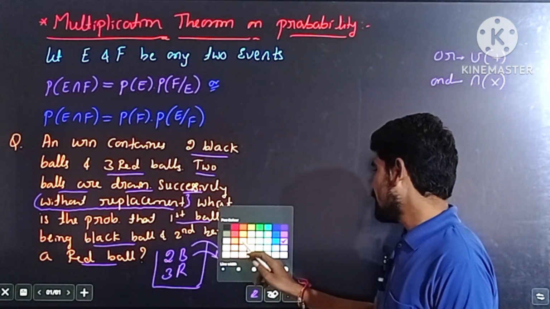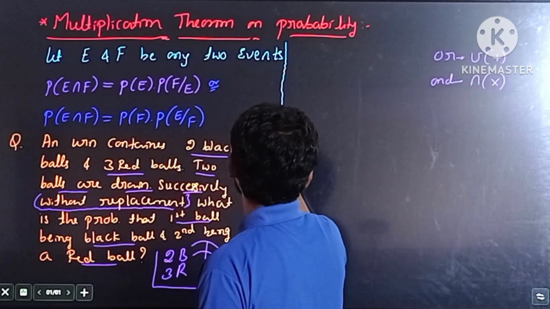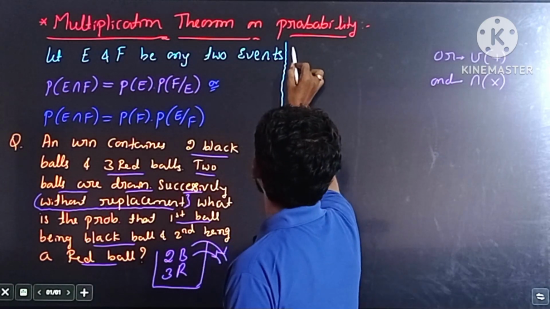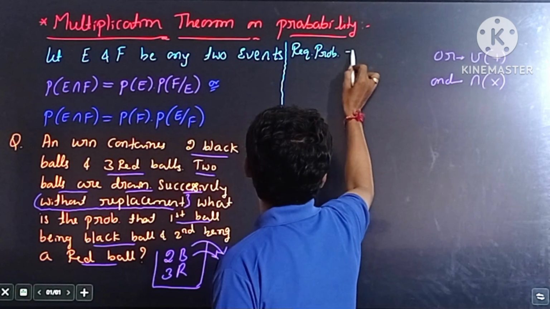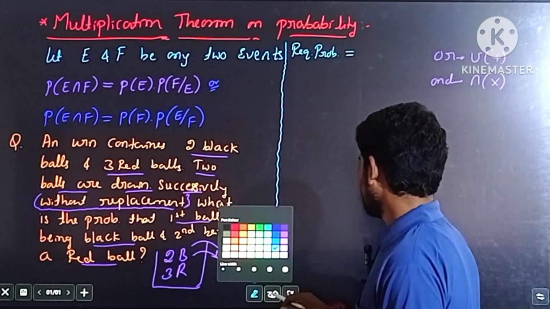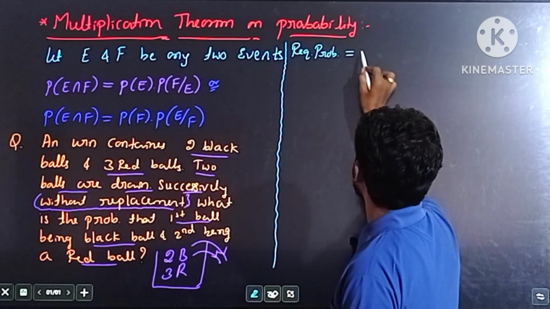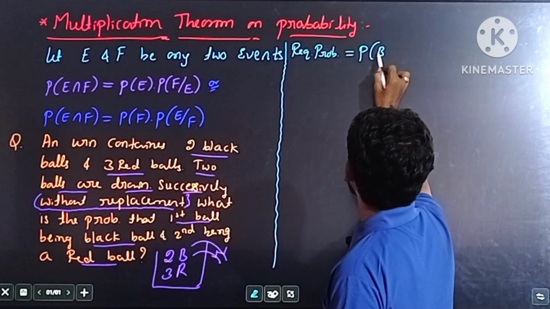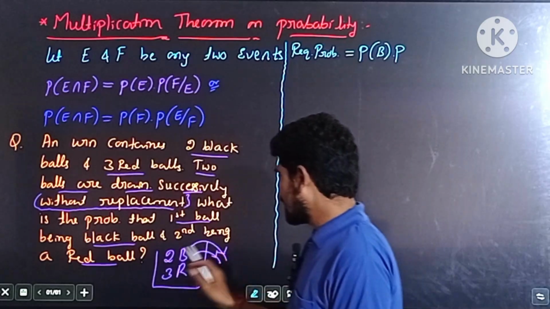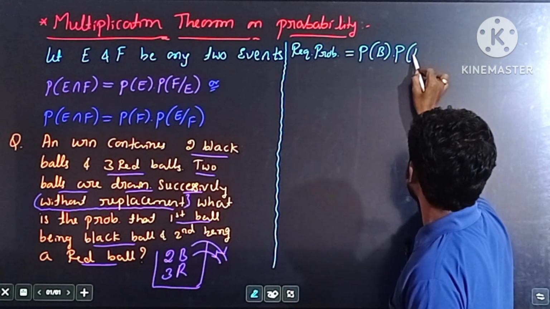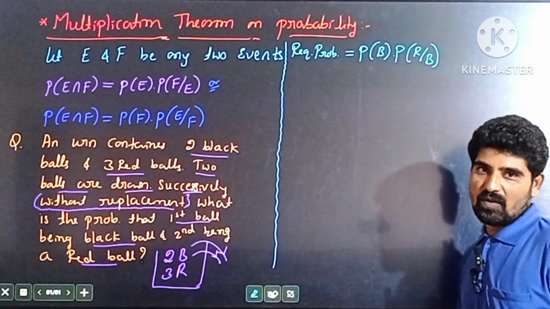So the required probability in this question is probability of the first ball being black into probability of the second being red, given that the first ball has already occurred as a black ball.